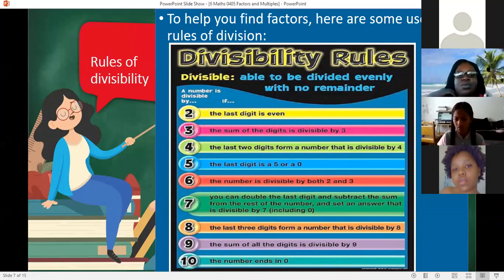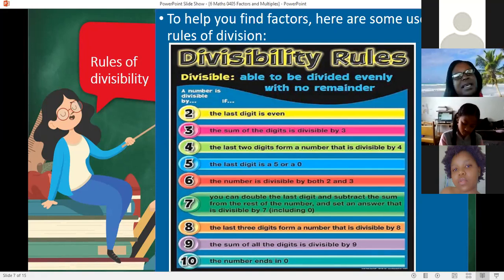And then how do we know that the number is divisible by 4? You have to look at the last 2 digits, and the last 2 digits have to be divisible by 4. What does this mean? If a number is 404, the last 2 digits are 0 and 4, so 404 is divisible by 4 without actually dividing 404 by 4.